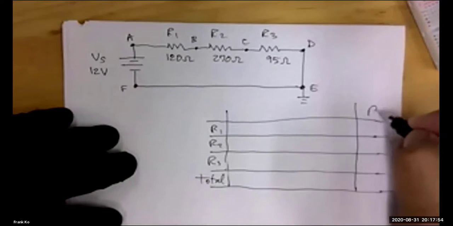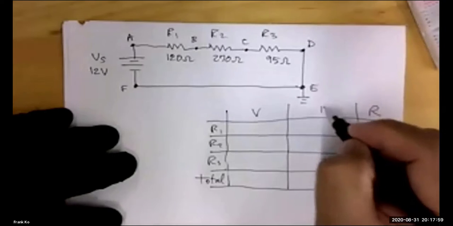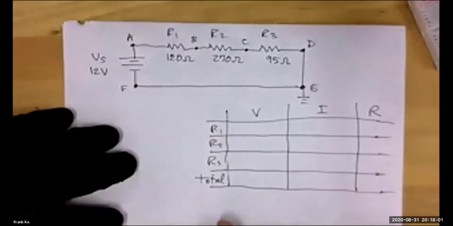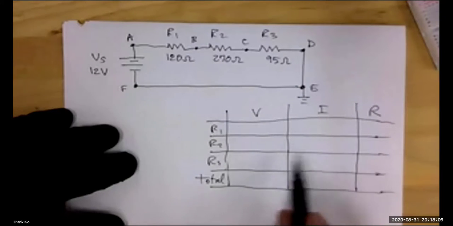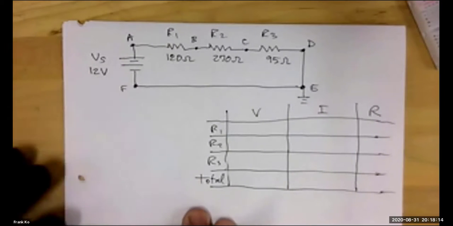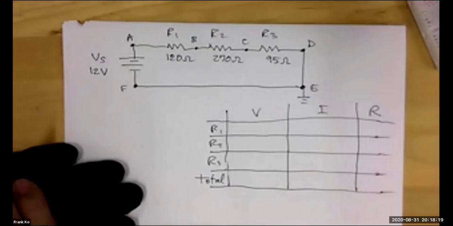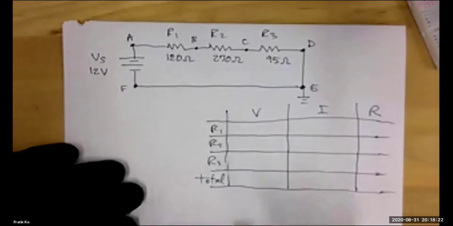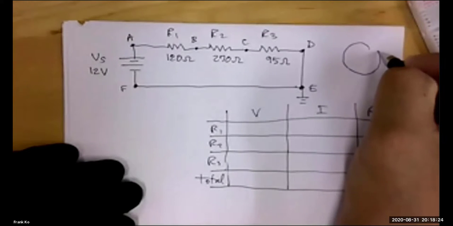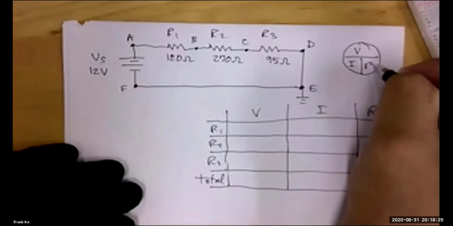So here is R, and the rest will be V and I. You want to create these columns wide enough so that you can write your values down, which could be microamps or milliamps. So there's your circuit, there's your voltage source, here's your chart for VIR. And let's have Ohm's law up here to remind ourselves: V, I, and R.